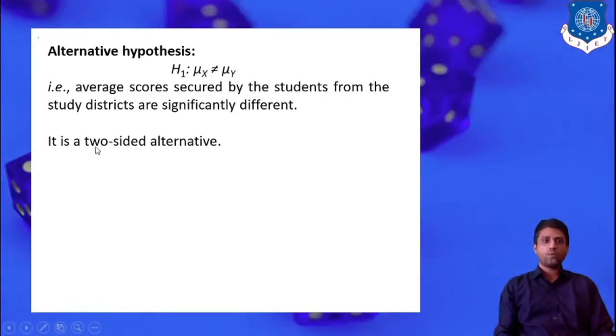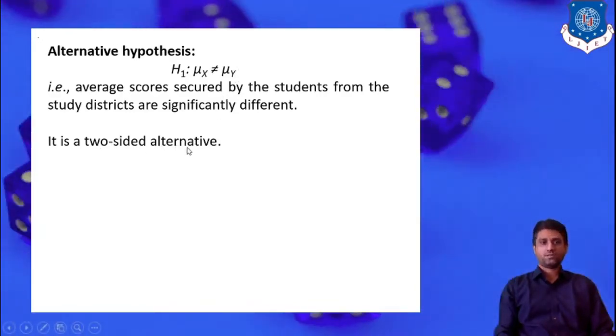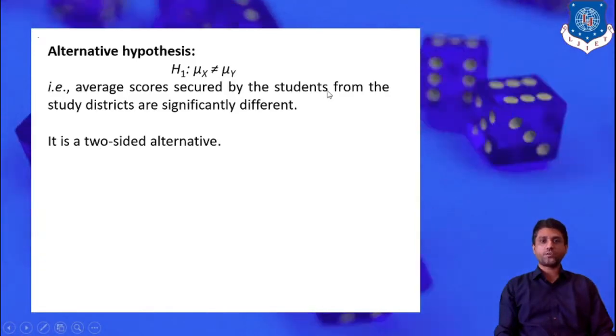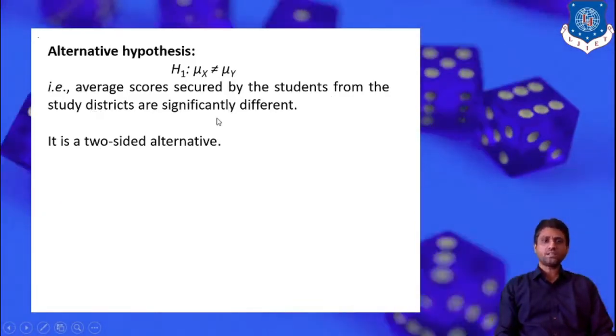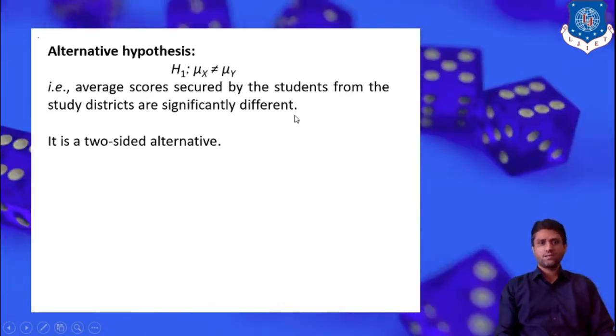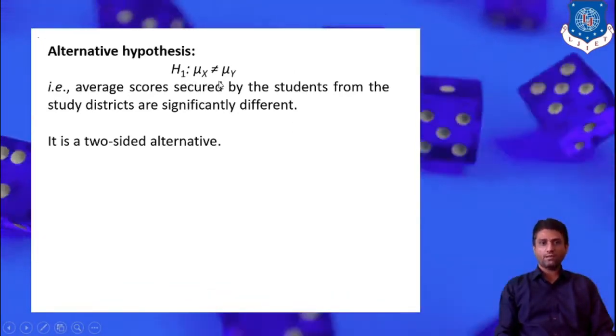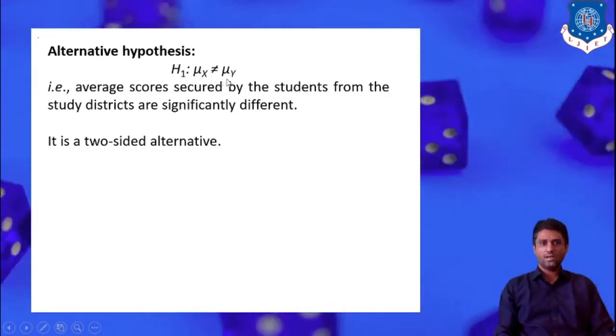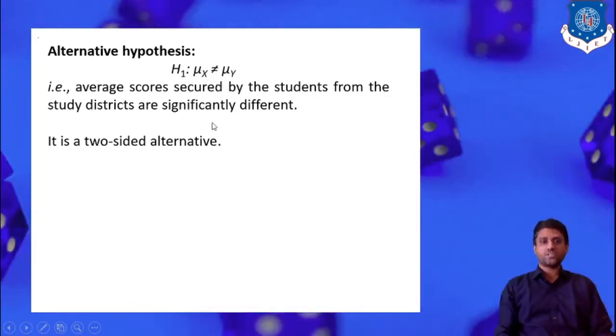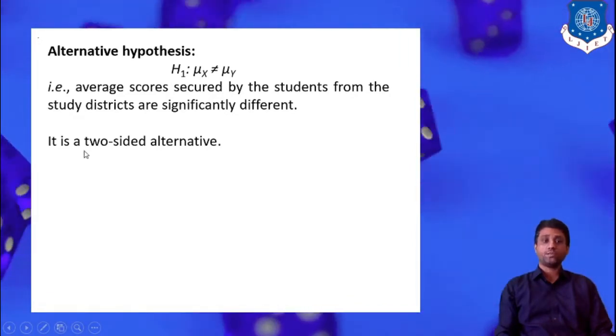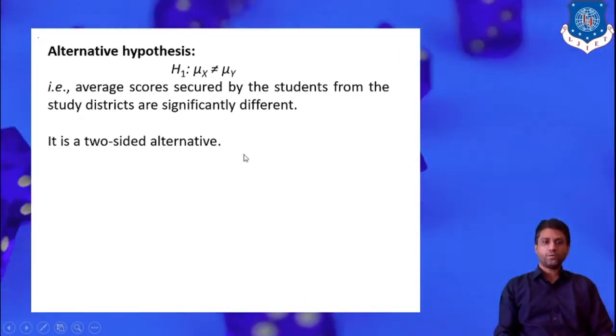That's why we have to consider a two-sided alternative test. That is, the average score secured by the students from the two districts is significantly different. Right now our concern is not whether mu x is greater than mu y or less than mu y. We just have to identify whether they are distinct or not. That's why we have to consider a two-sided alternative test.